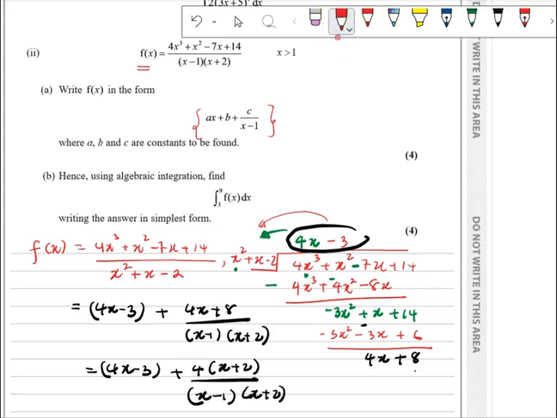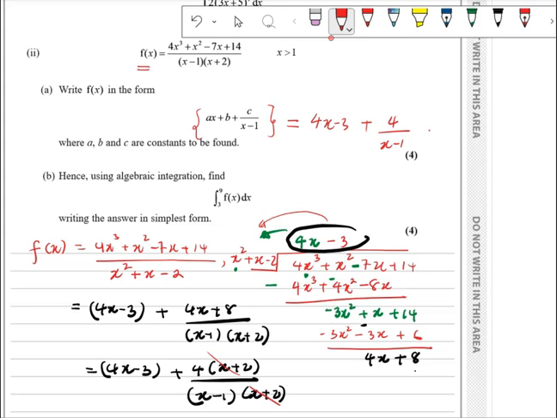Then these ones here cancel out because they're the same. So your final expression is going to be 4x minus 3 plus 4 over x minus 1.